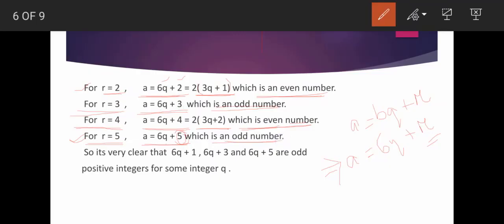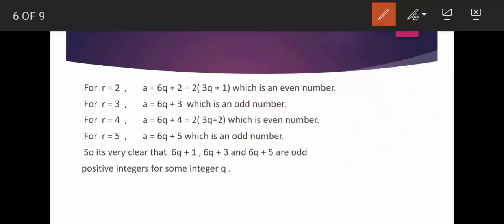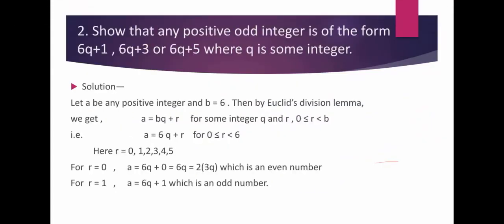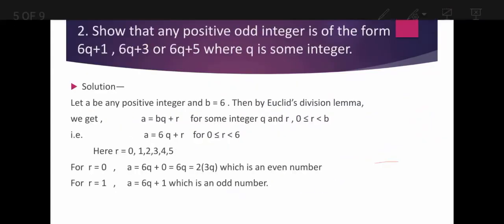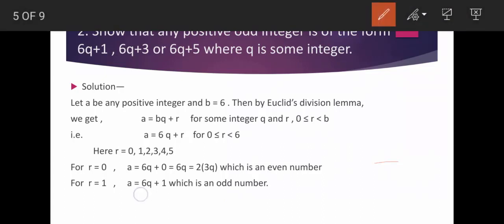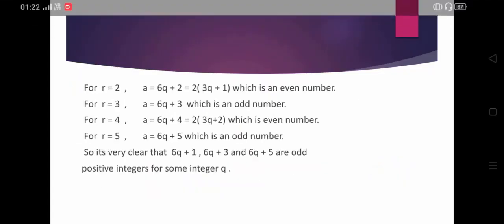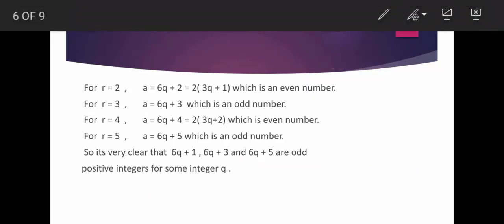Whatever we have done till now in this question, it is very clear from this discussion that in the previous slide we got 6q plus 1 as an odd number, while in this case we got 6q plus 3 as an odd number and 6q plus 5 as another odd number.